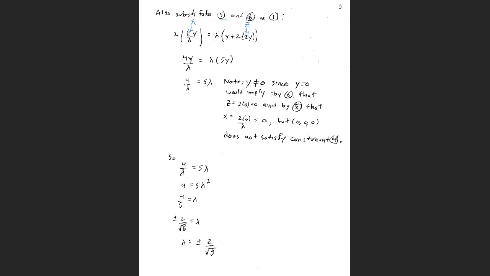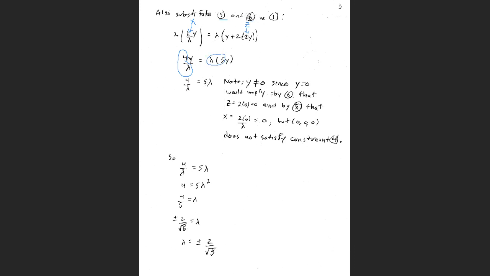Again, I'm always numbering my equations, it helps me not get lost. I'm going to end up getting 4y over lambda equals lambda times 5y, which means then that 4 over lambda would have to equal 5 times lambda.